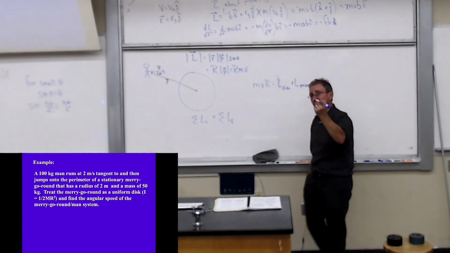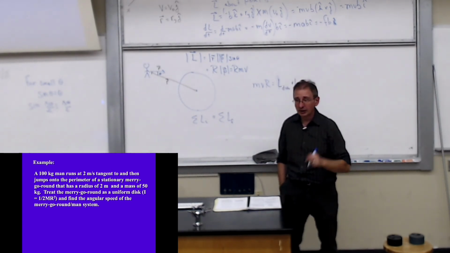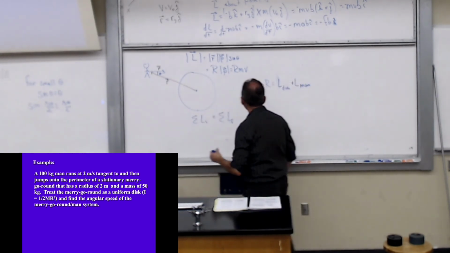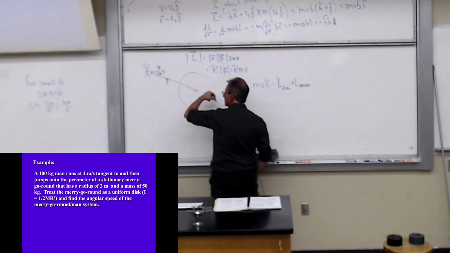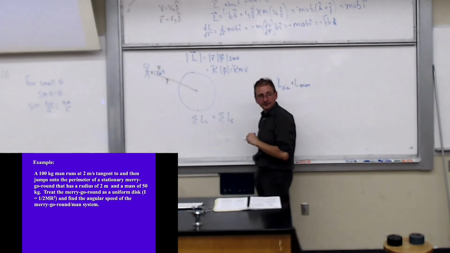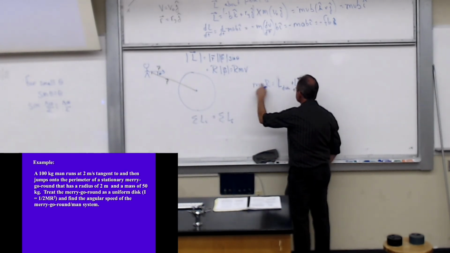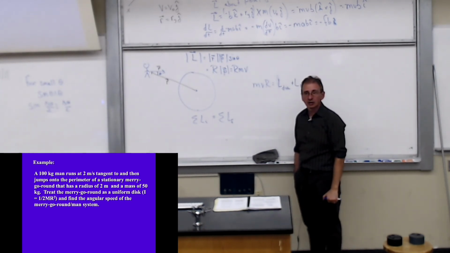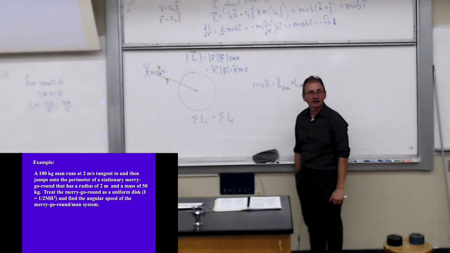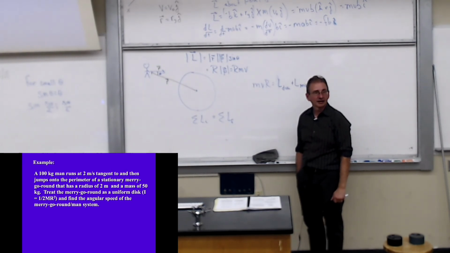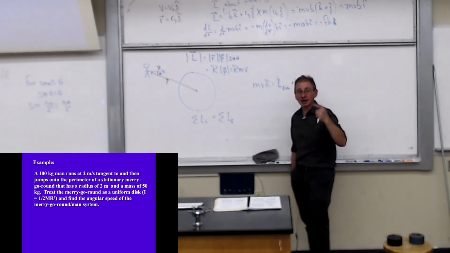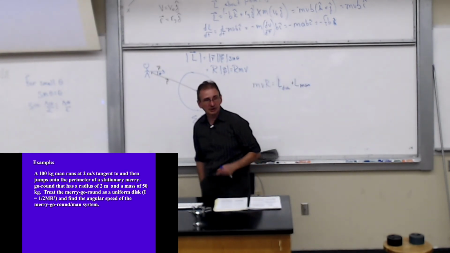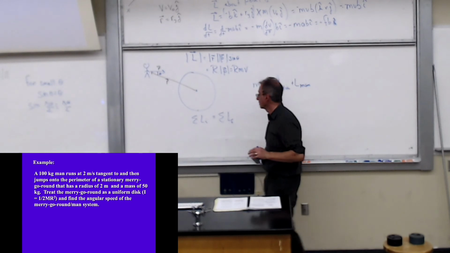And of course, we can write angular momentum as I times omega. They're both going to be moving with the same omega, right? And they're both going to be moving clockwise. So should I put minus signs all the way across here? Why not? Well, number one, just a convention. What's going to happen to the minus signs if I put them all in? They're going to cancel. So I'm not going to worry about the minus signs.